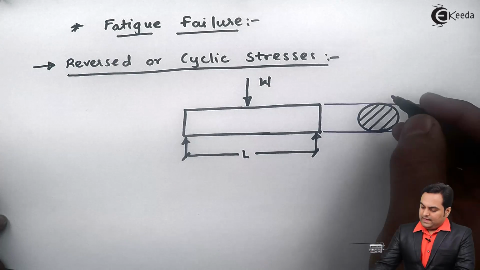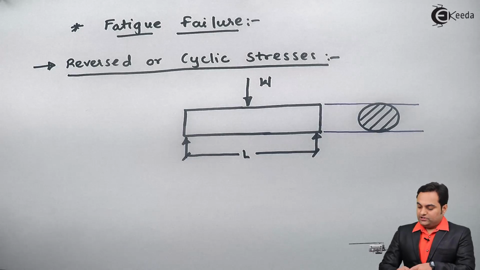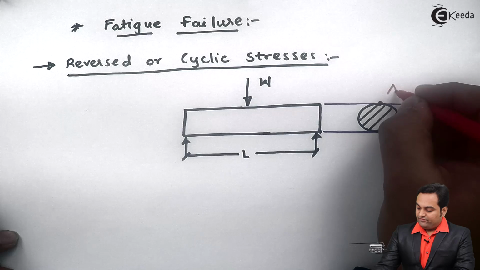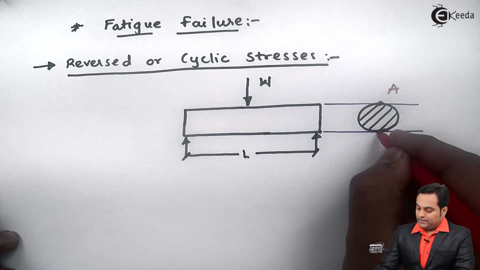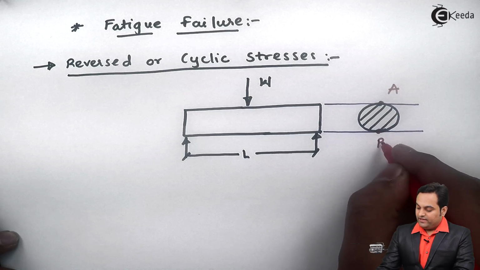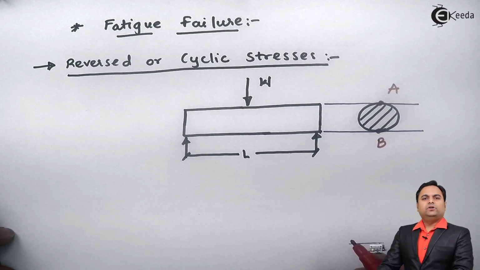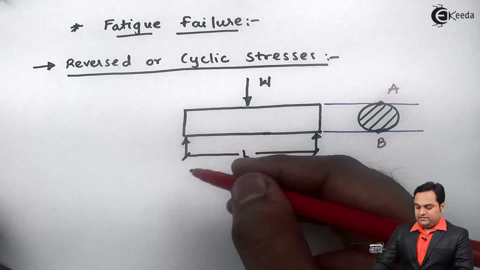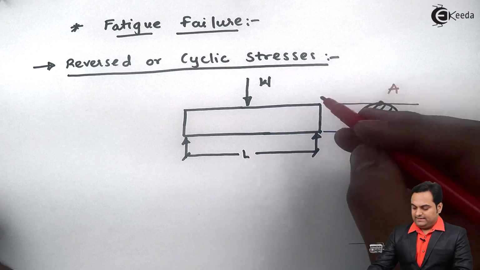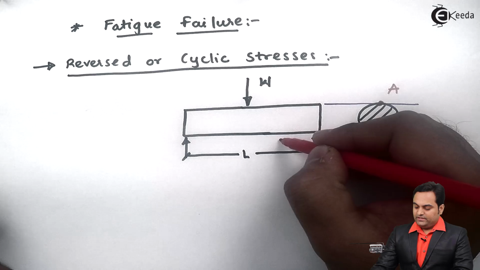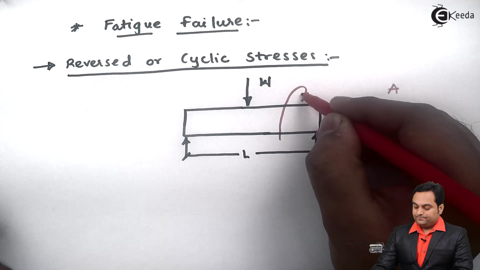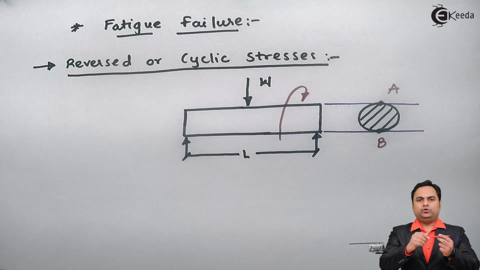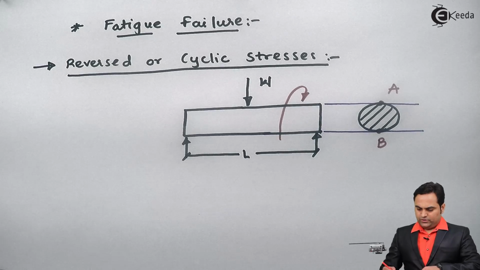Now I'll note 2 points on this beam. At the top here I have point A, at the bottom I have point B. My assumption is that this beam is circular and at the same time it is rotating. That is, we provide rotation to this circular beam.